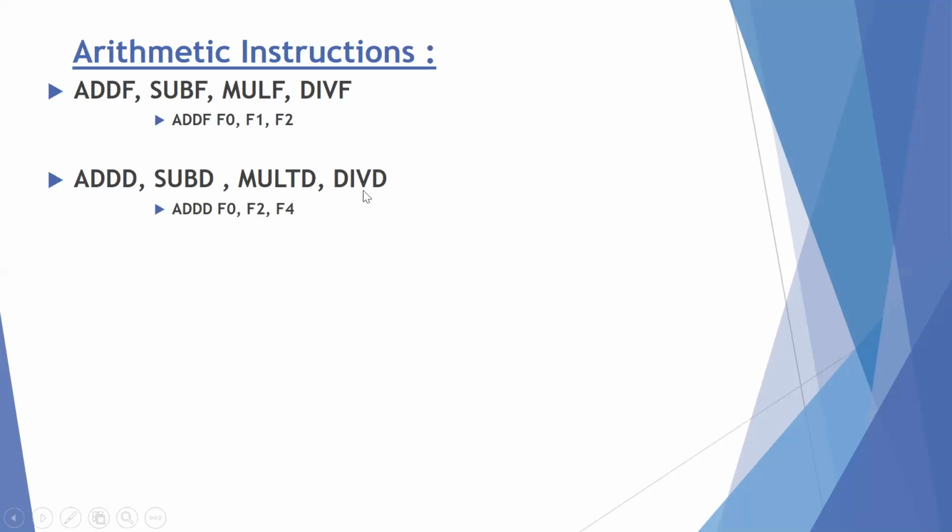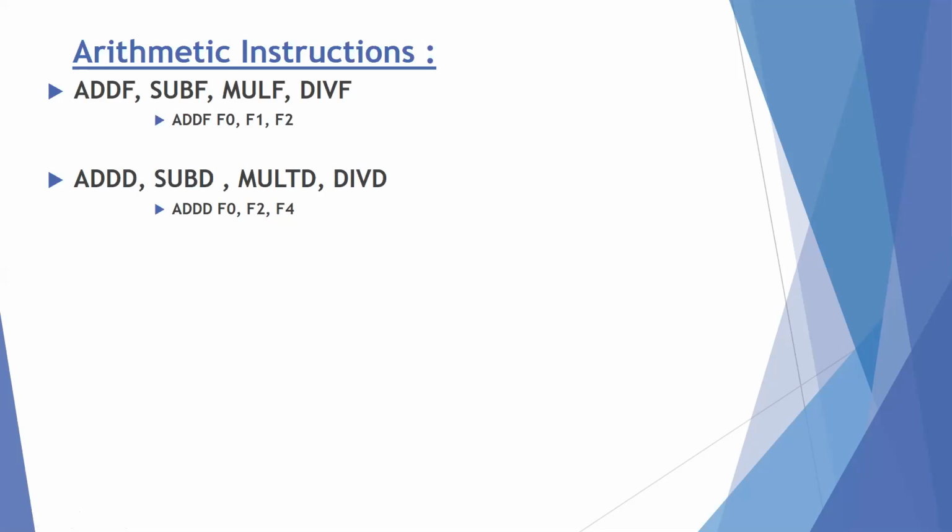Now if I write this instruction, add double f0, f2, f4, this will by default consider f0, f1 as the destination register pair, f2, f3 as the first source register pair, f4, f5 as the next source register pair.